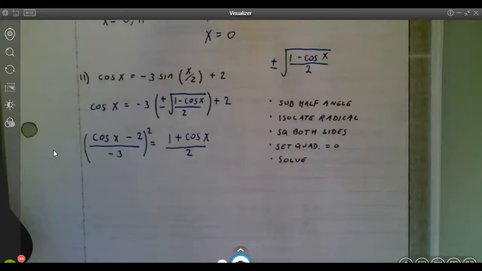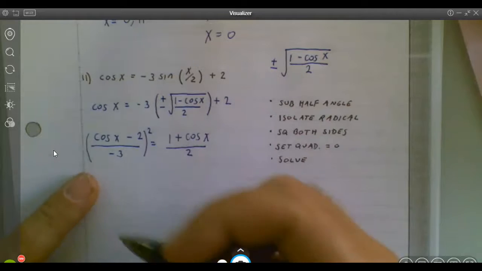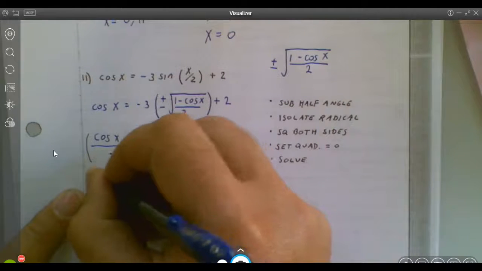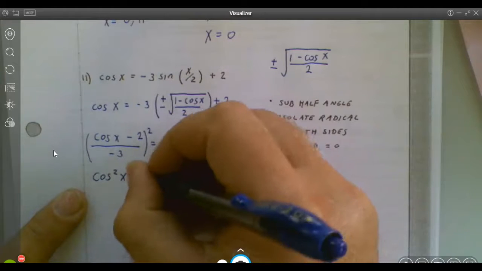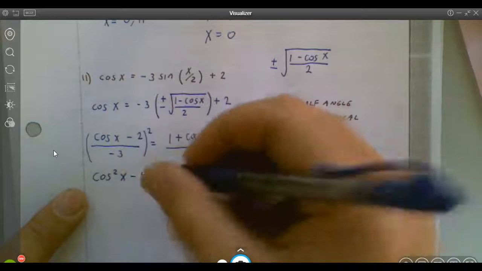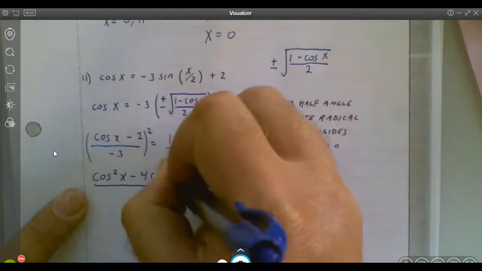I need to sort of identify this quadratic that I'm going to be solving, and then I'm going to solve a quadratic. So let's do a little cleanup. If I square this side, so cosine of x minus 2 would become cosine squared minus 4 cosine x, I'm just foiling, plus 4, all over 9.